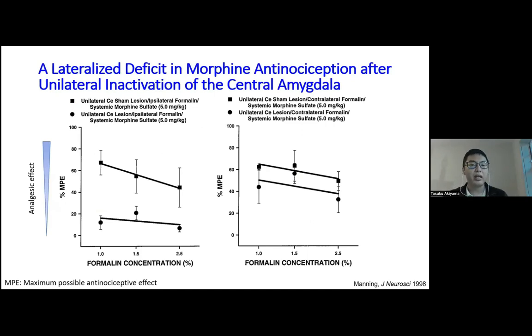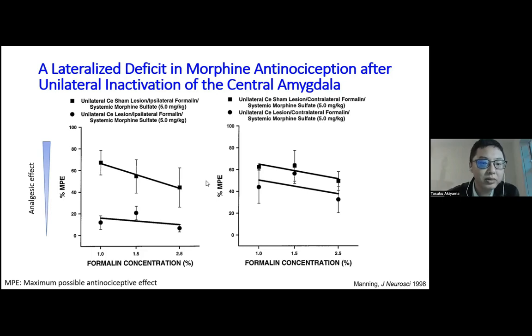And then this graph is just showing the amygdala is actually one of the target sites for the analgesic action of the morphine.